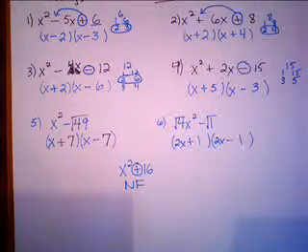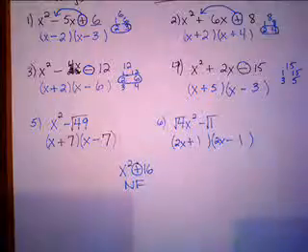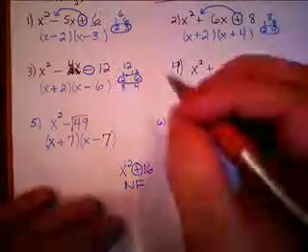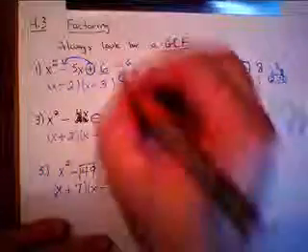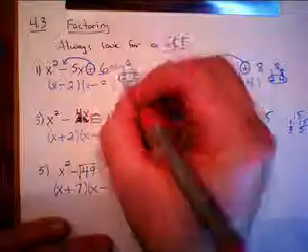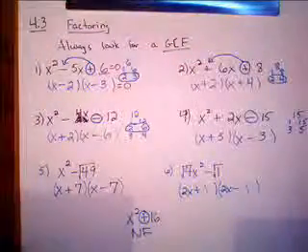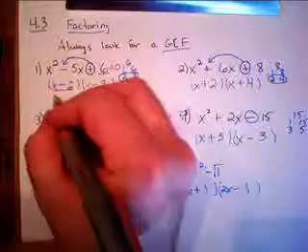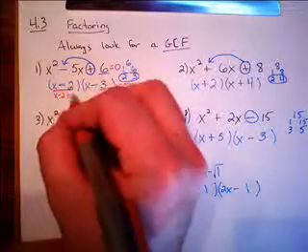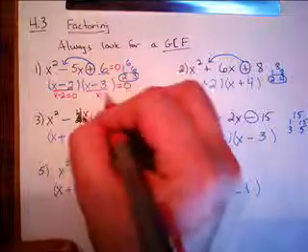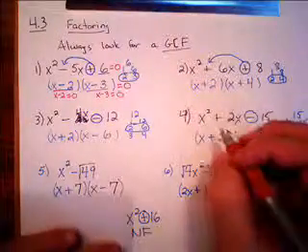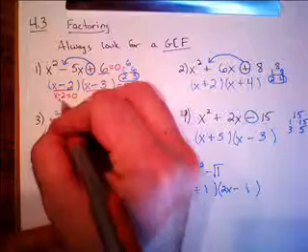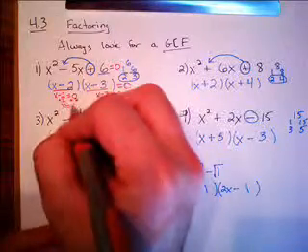The last part of this chapter is just solving, and I'm just going to do this real quick to a couple of these problems. I'll go back up to question 1. If it said to solve these, and let's say it was set equal to 0, all you would do is take your factored form and set each of those things in parentheses equal to 0, and you would solve. Okay, so just add 2 to both sides. 0 plus 2 is 2.